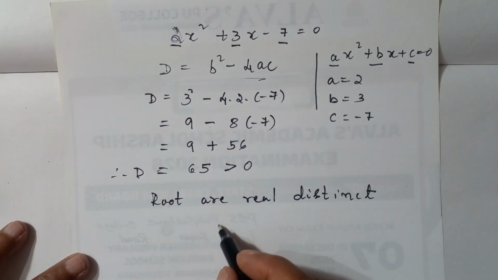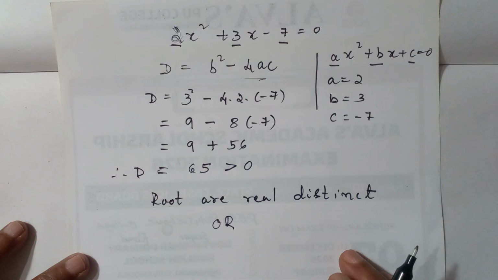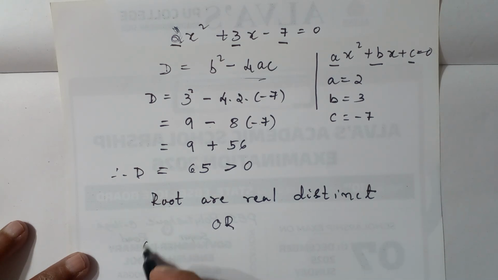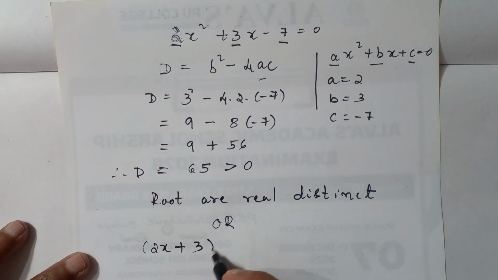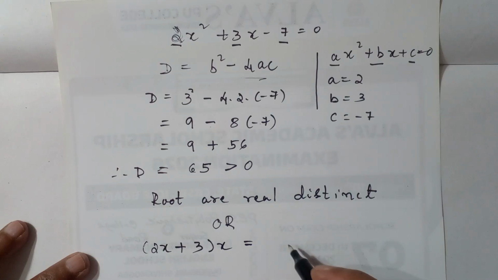After that, the choice question, here you have to express the quadratic equation (2x plus 3) into x is equal to x square plus 1 in the standard form. Here the equation is given: (2x plus 3) into x is equivalent to x square plus 1.